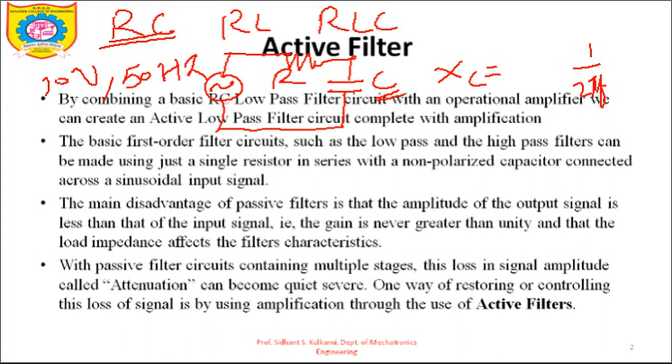Now you know that Xc will be very low for 50 hertz, 10 hertz, 1 hertz, but Xc will be very, very high if I go beyond 5 kilohertz, right? So simply by connecting this capacitor in series with R, we can design a low pass filter. In the low pass filter, we know that the low frequency components will be passed and high frequency components will be rejected, that we can design using this circuit.